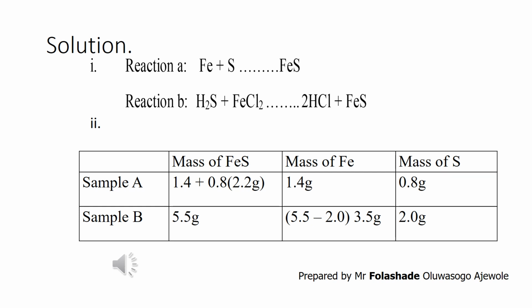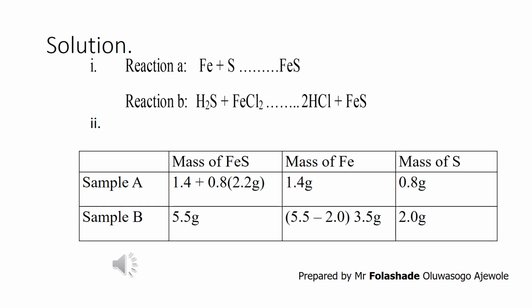Now the second question. In the question you are given the mass of iron and the mass of sulfur in sample A, but in sample B you are given the mass of iron sulfide and the mass of sulfur.